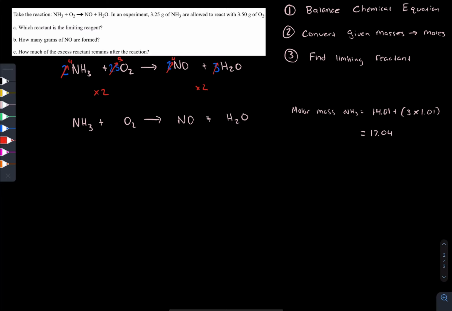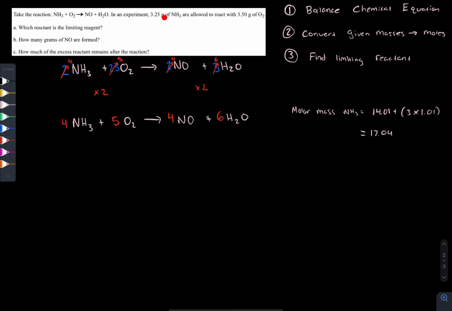And multiply 3 by 2, we get 6. So our final balanced equation is going to look like 4 moles of ammonia, 5 moles molecular oxygen, 4 moles of NO, and 6 moles of water. Now that we have a balanced chemical equation, we can go on to convert our givens into moles.